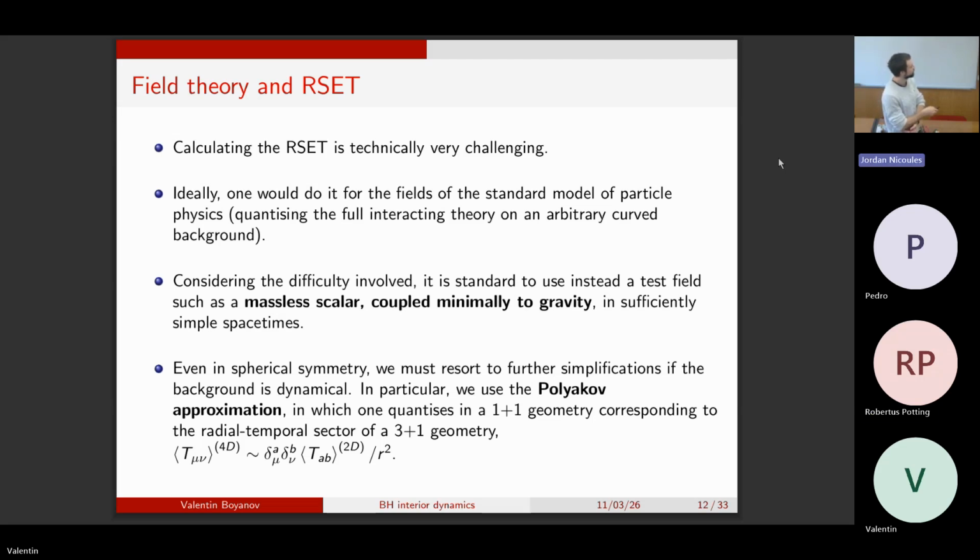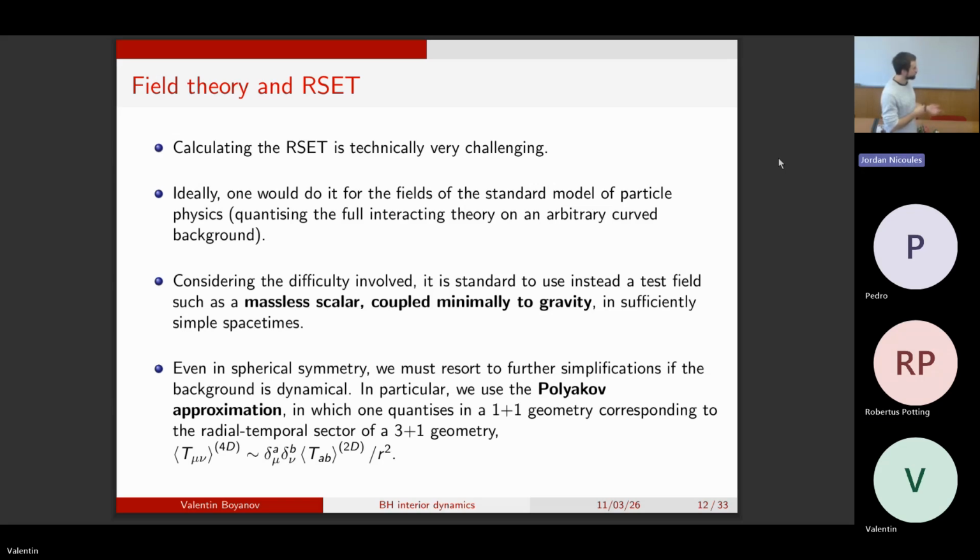which in this case will be the use of the Parentani-Piran-like approximation for the renormalized stress energy tensor, which is based on dimensional reduction. So we basically quantize a field on a 1+1 dimensional geometry, which corresponds to the radial-temporal sector of the 3+1 spherically symmetric geometry. And then we define a four-dimensional tensor related to the two-dimensional renormalized stress energy tensor result.